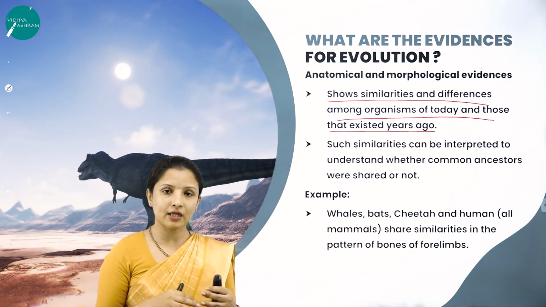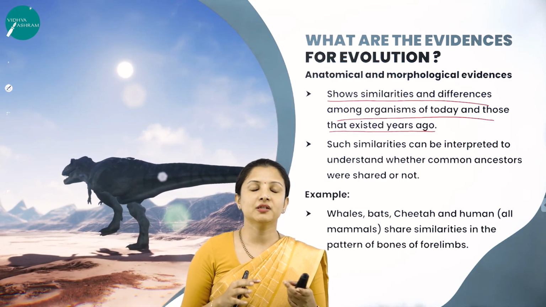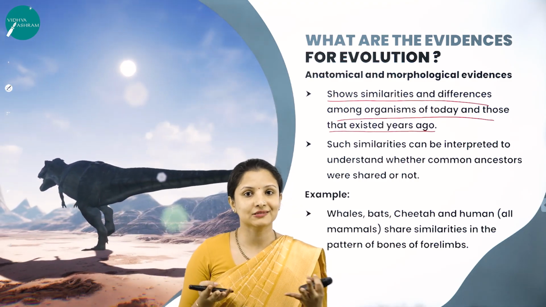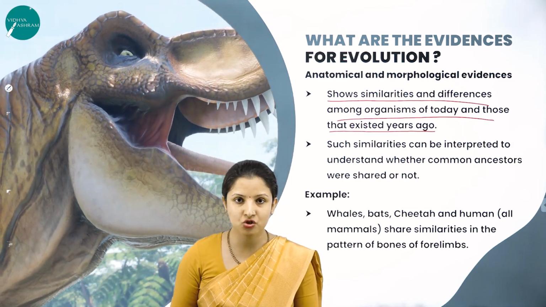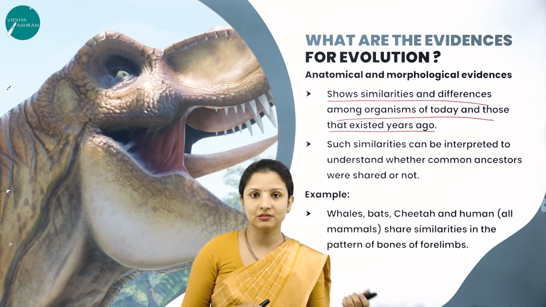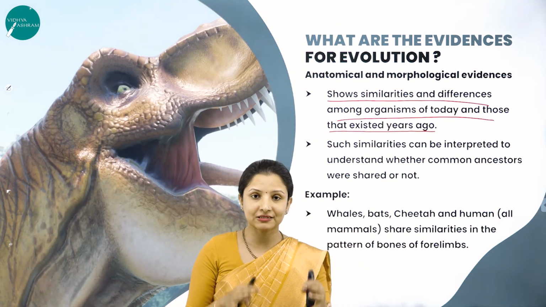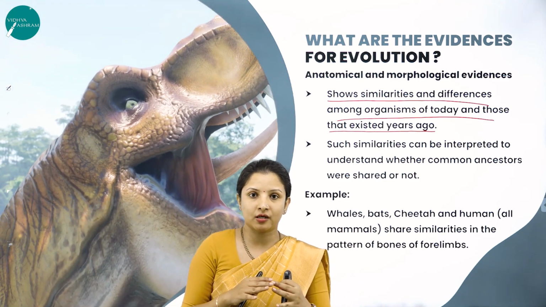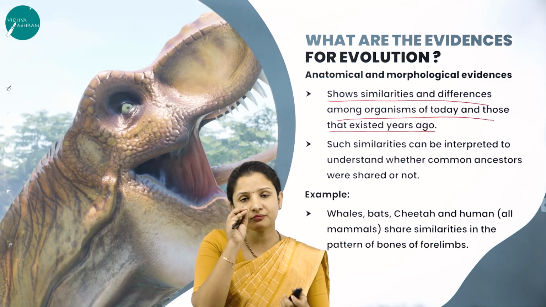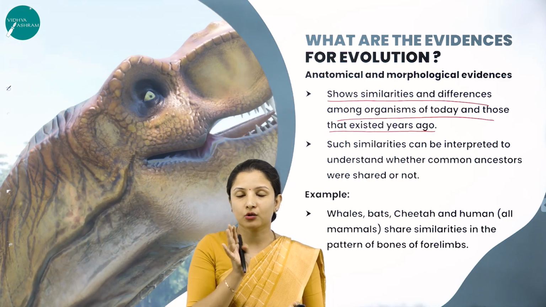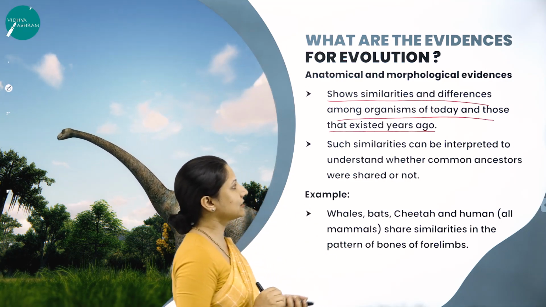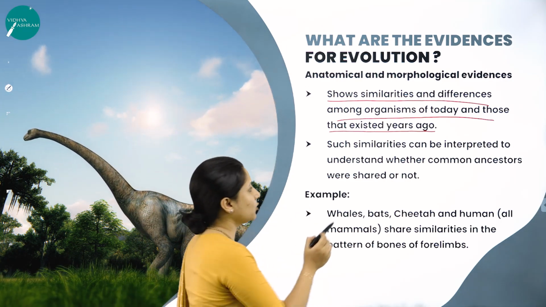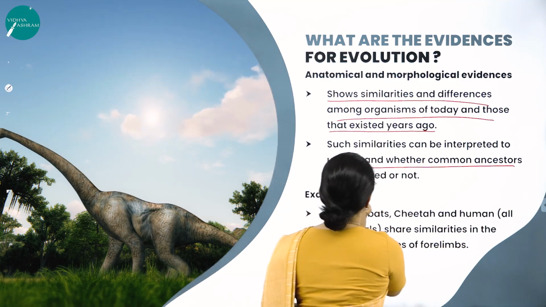When we look at those organisms, there are many differences between the present day organisms that we see today and the earlier organisms that existed on the planet. But still, when we look at their morphology and anatomy, there are some regions where they have quite a similarity. Such similarities can be interpreted to understand whether common ancestors were shared or not.